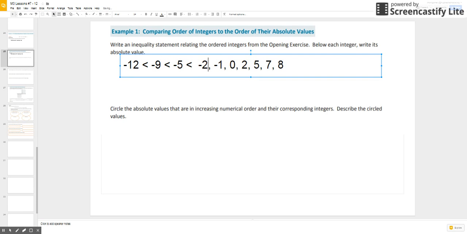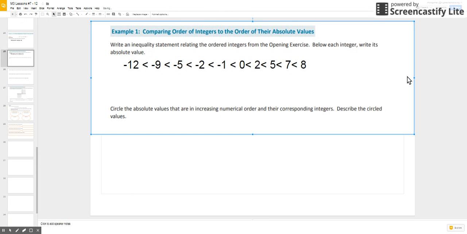We can just continue going. These are in order from least to greatest, so we should have a bunch of less than symbols. If you need to, pause the video and continue to fill them in. But this is what the inequality would look like.